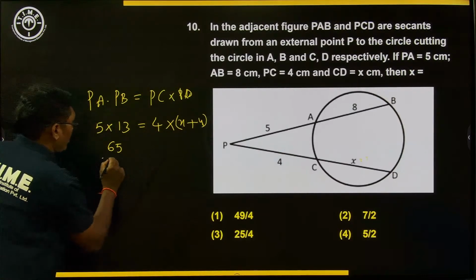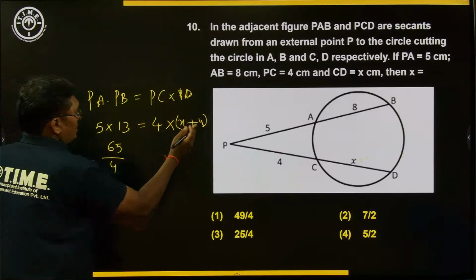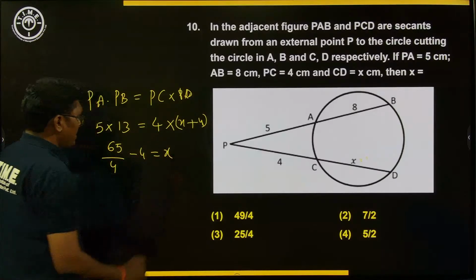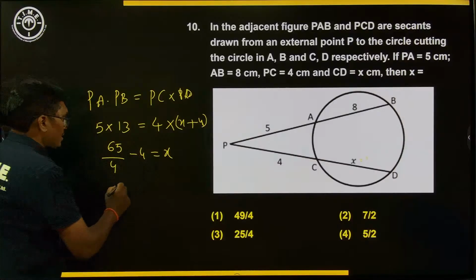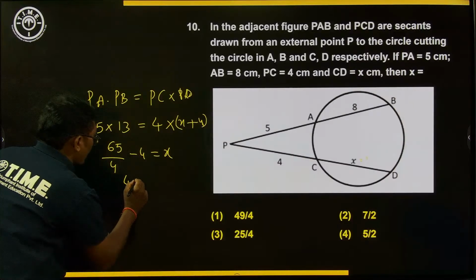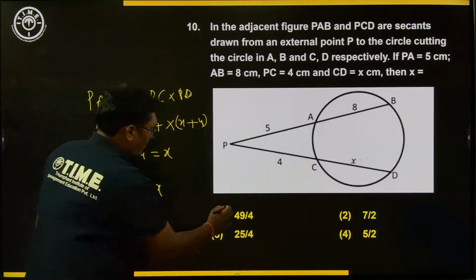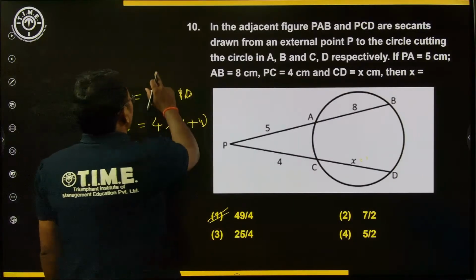If you send 4 to this side, this is 65 by 4. X plus 4 is there. If you send plus 4 to this side, it becomes minus 4. That is x, so this is 65 by 4 minus 16, that is 49 by 4. So x is equal to 49 by 4. So choice 1, right? Next.